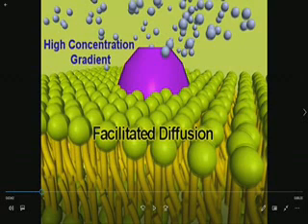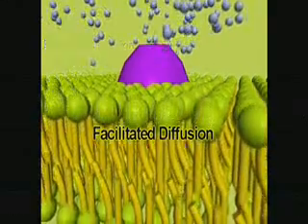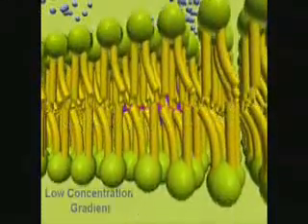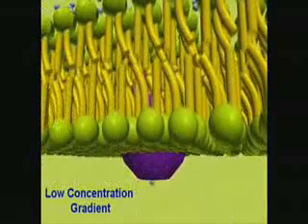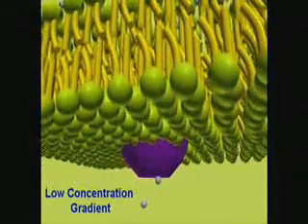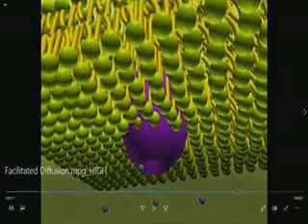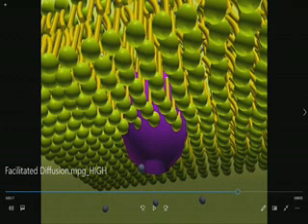It needs the help of some external medium. The medium is made by this protein. The protein has an inner tunnel. Please see carefully. On the other side, it is hollow. You can see this hollow tunnel.